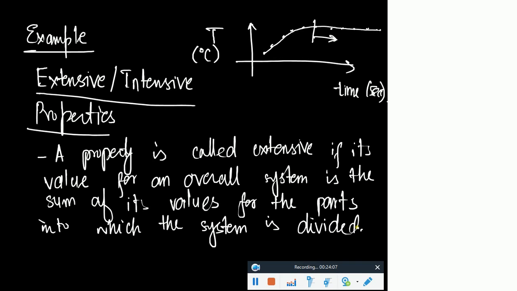It means if I am just looking at the complete volume and I divide that volume into 10 pieces, the whole volume of the system is the sum of the volumes of those 10 pieces. So this is an extensive property. And similarly, consider the mass, for example, the mass of this class.